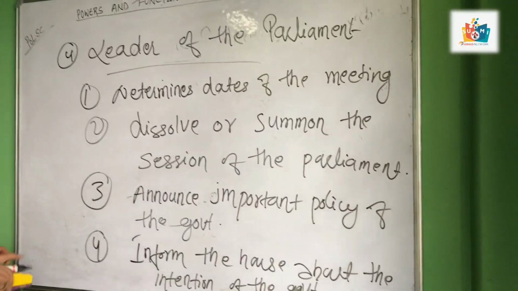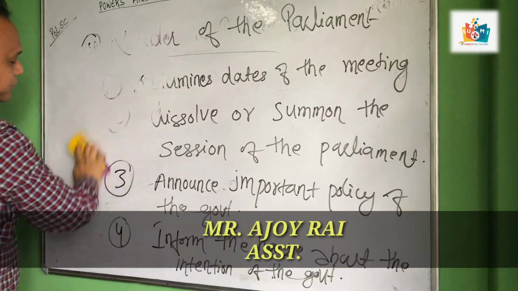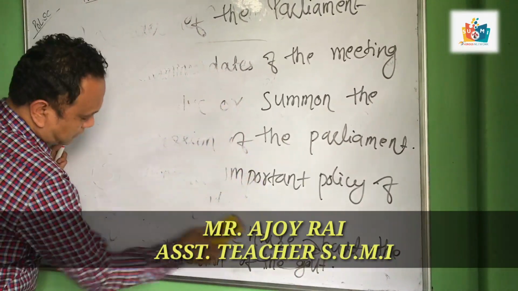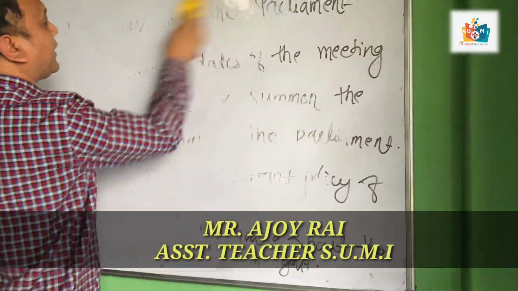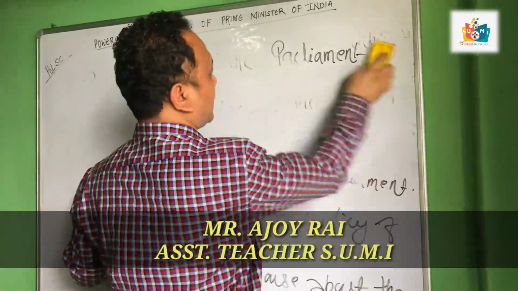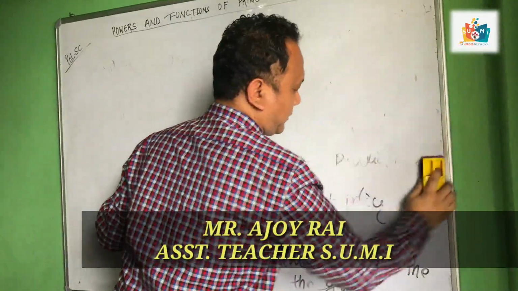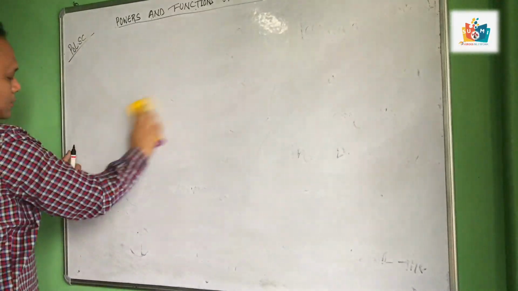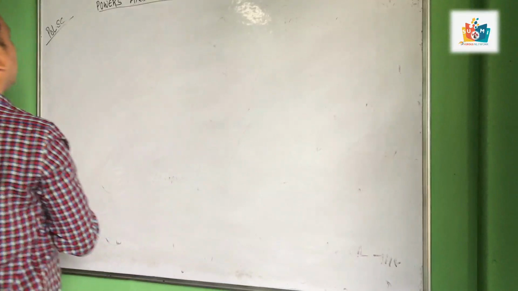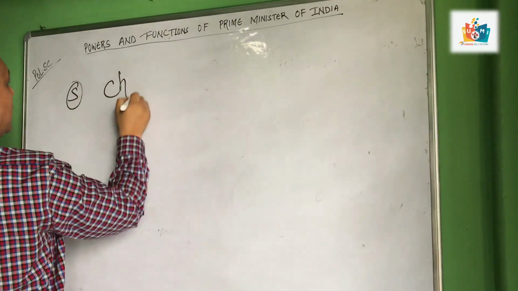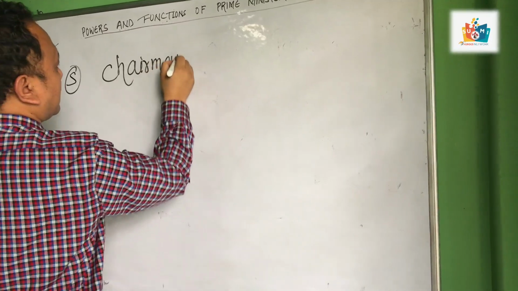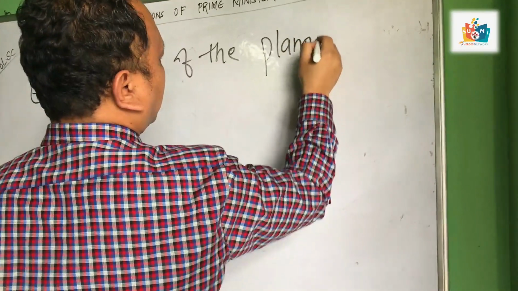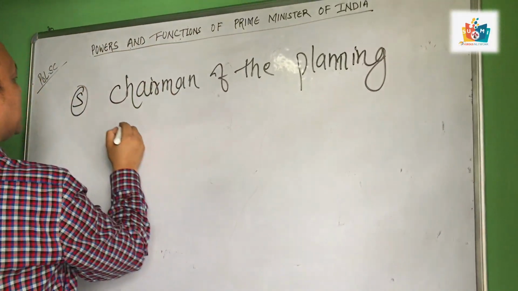All right, and the last important power and function of the Prime Minister is chairman of the Planning Commission. Number 5, chairman of the Planning Commission.